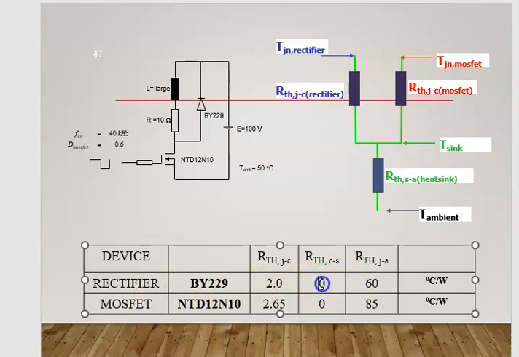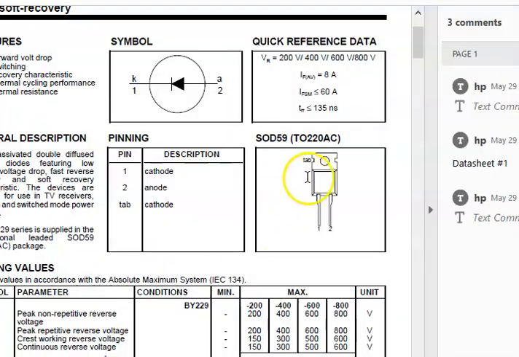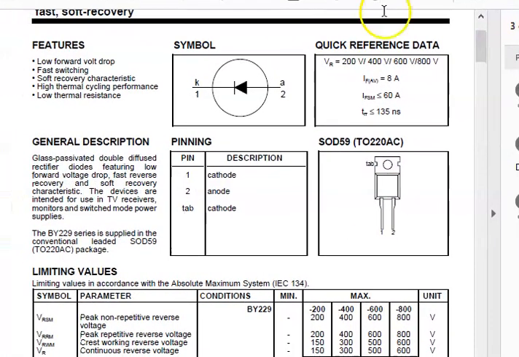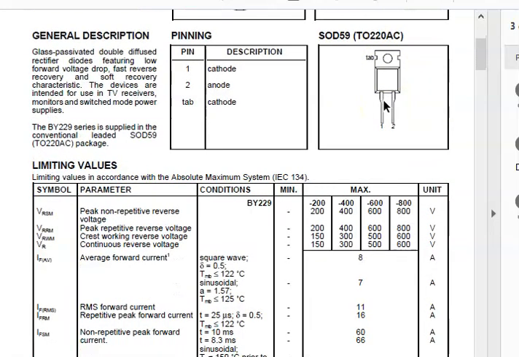Zero means that we shall solder the metal tag backplate of your device into our heatsink. So this metal tag will be directly soldered to your heatsink, so the thermal resistance of your case to heatsink will be 0.